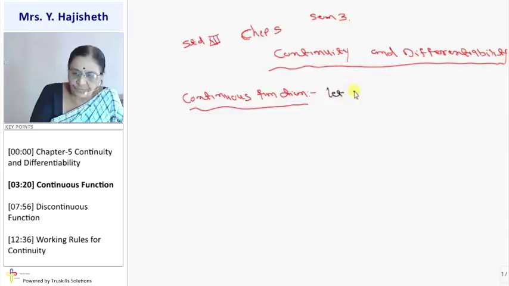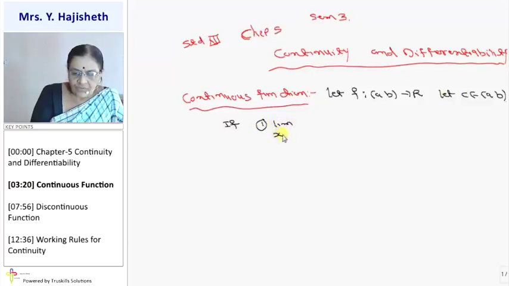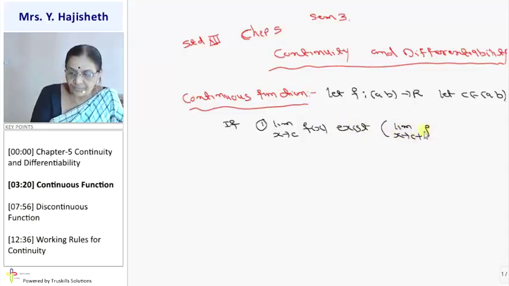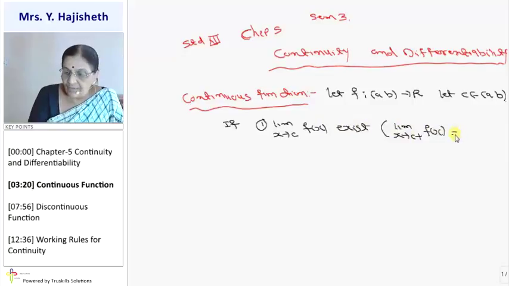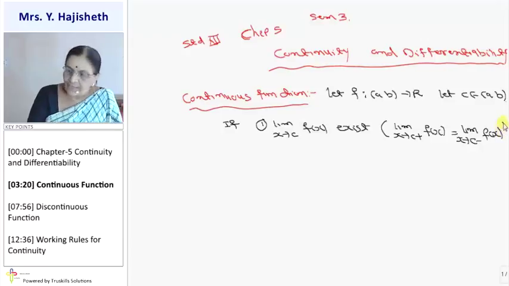Let f be a function defined on open interval (a, b) to R. Let c belong to (a, b). If first, limit x tends to c of f(x) exists, meaning its right-handed limit exists and its left-handed limit also exists. You learned all this in your 11th science, right? Both limits exist and both are equal.